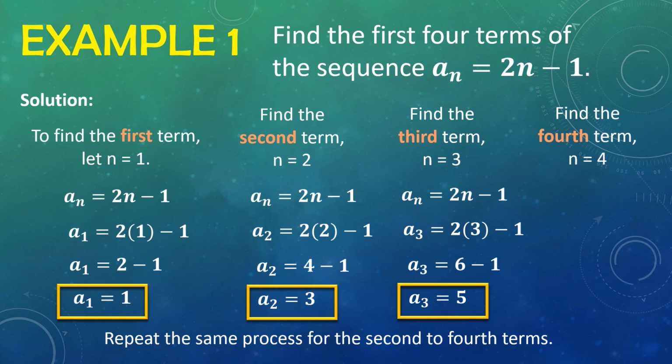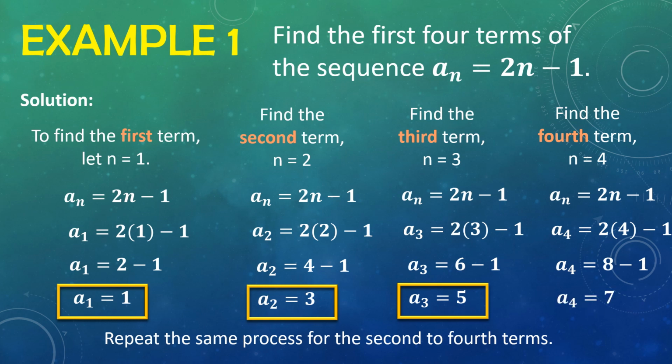Lastly, find the fourth term where n is equal to 4. Copy the formula, substitute the value, and then simplify. A sub 4 is equal to 2 times 4, which is 8. Copy minus 1.